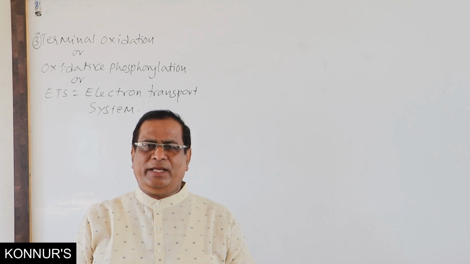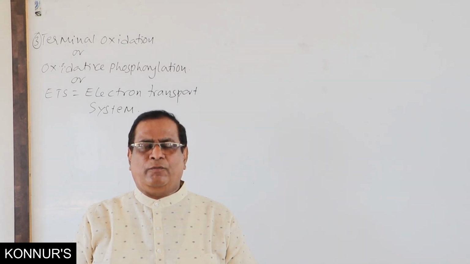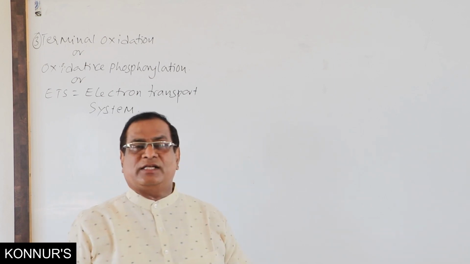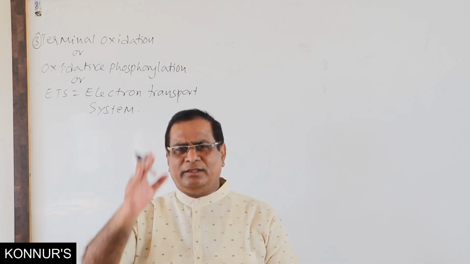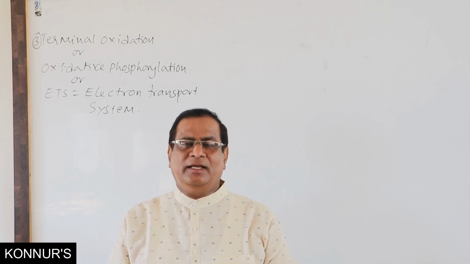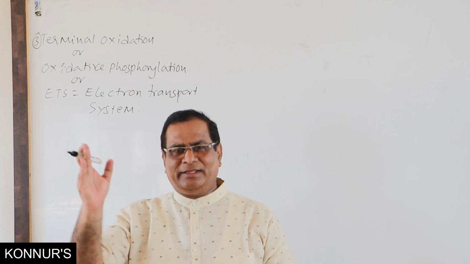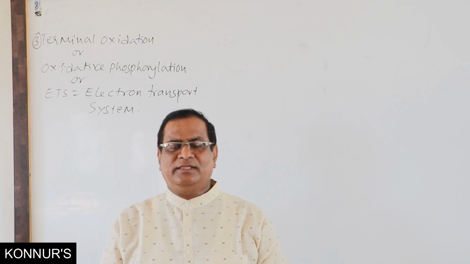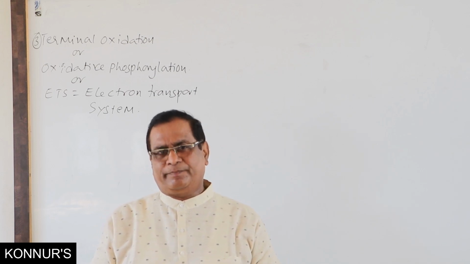That's why it is said to be oxidative phosphorylation. And in the electron transport system, in the inner membrane of mitochondria, electron acceptors like cytochromes are there in a series through which electrons flow, hence the electron transport system.